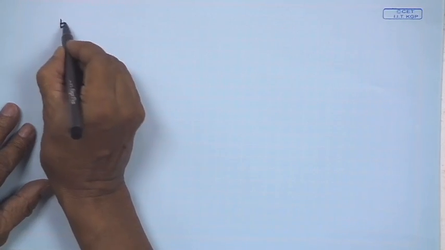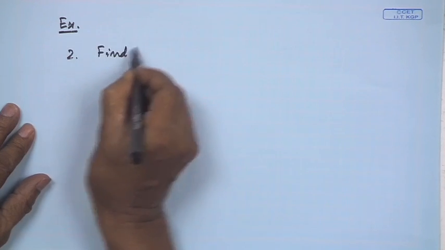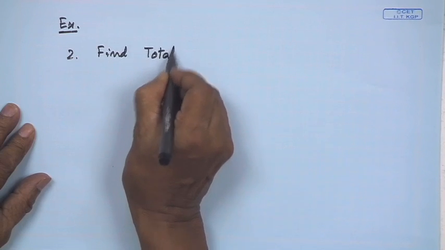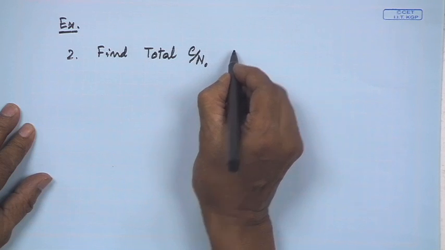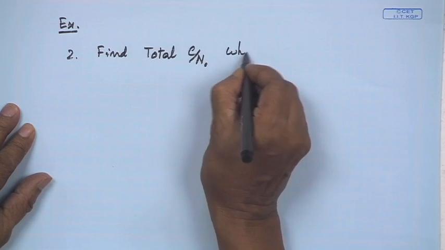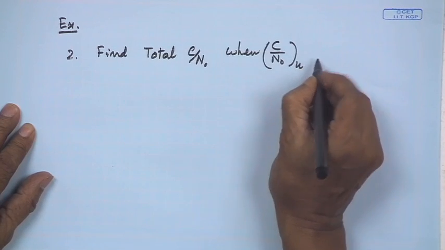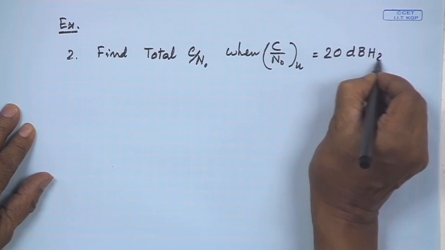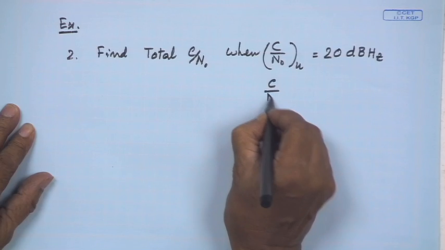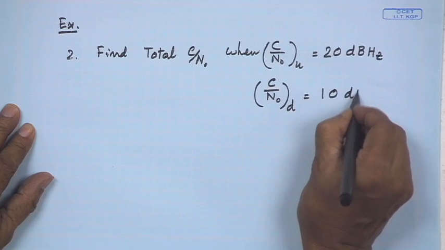Let us see another example. Example 2. Find total C by N 0 when C by N 0 up is 20 dB hertz and C by N 0 down is 10 dB hertz.